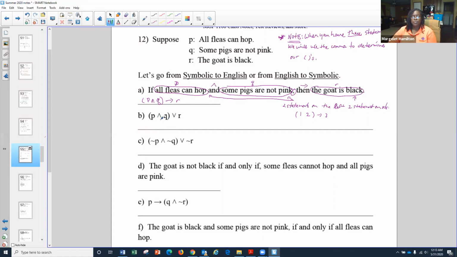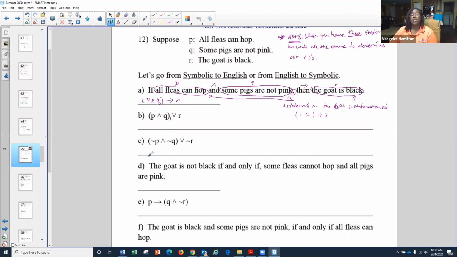You have P and Q or R. You see the P and Q are coupled together in the parentheses, so you should have a comma there right before the "or," and then your R statement, right? So coming from the symbols to the words, it's actually a little easier because you're writing exactly what you see.